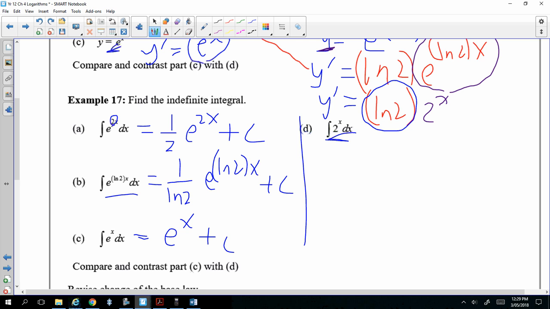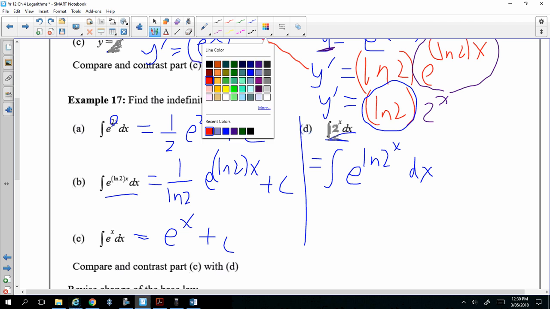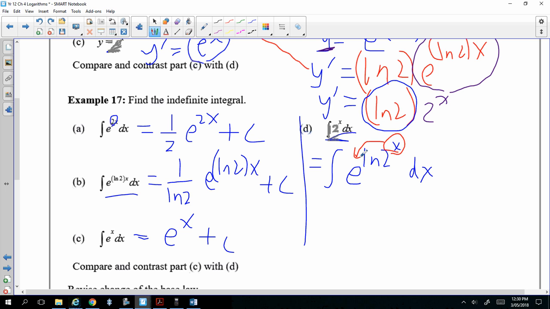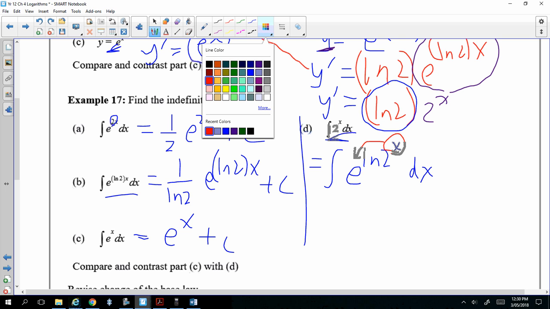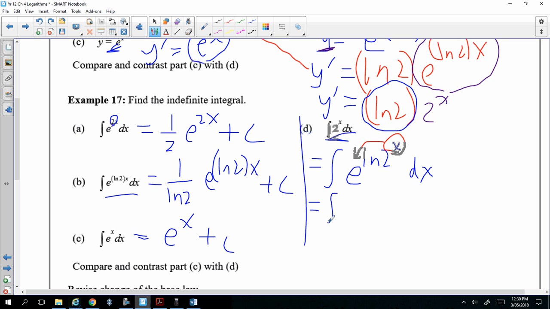And what do we do with the x? We bring the x down, right? So we're going to write integral e to the power of x ln 2 dx. And this is just doing this question, isn't it? It's the same question as that. So when we integrate that, you do 1 over ln2 e to the power of x ln 2 plus c.